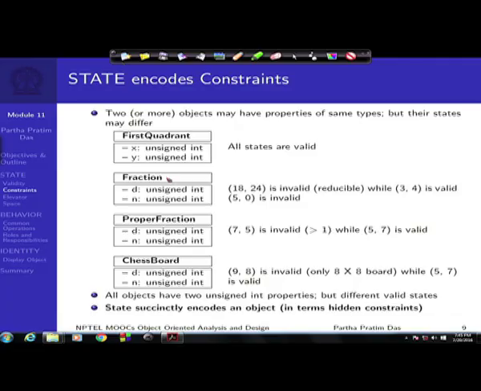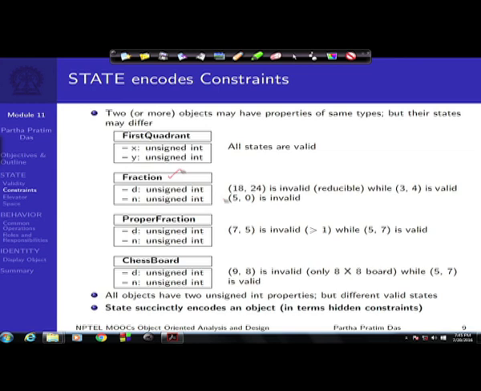Now, think of a fraction. A fraction naturally is represented in an irreducible form, which means that the denominator and the numerator must not have any common divisor. The GCD of these two should be 1.